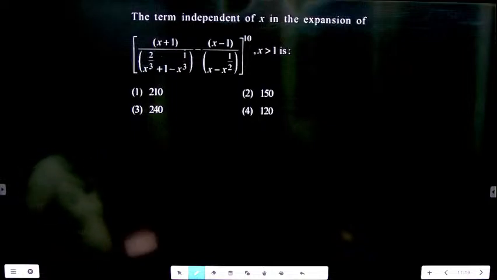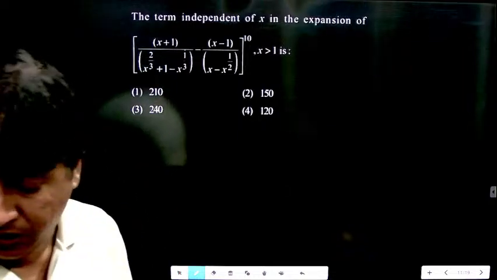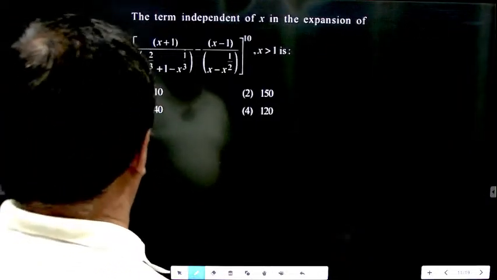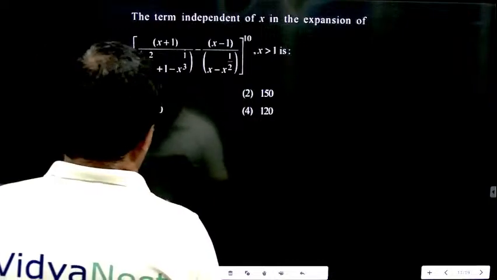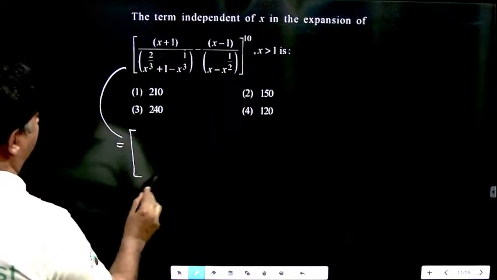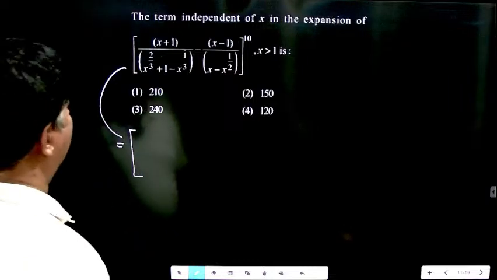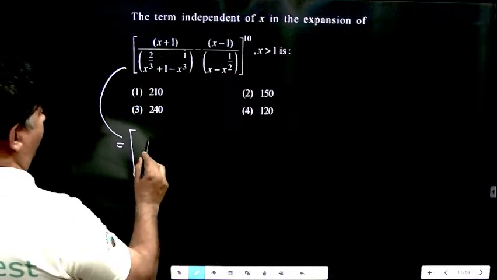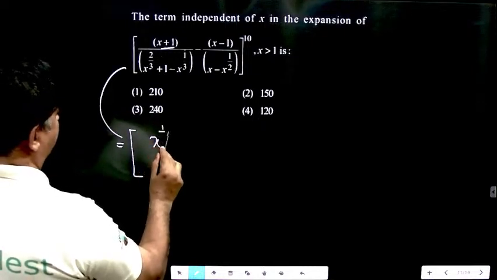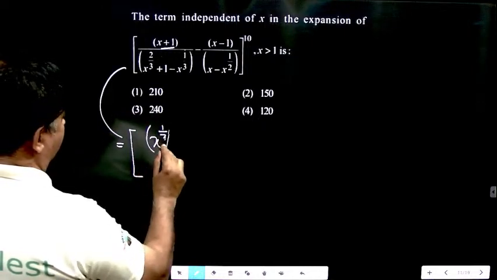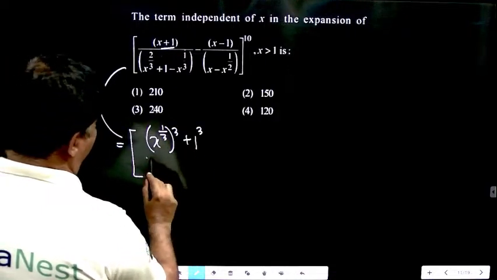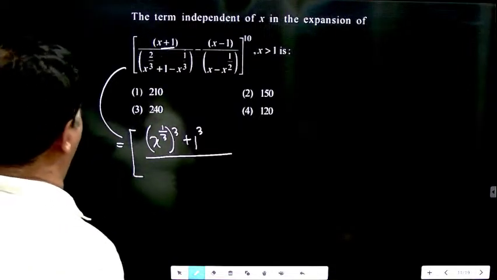Okay. This sum actually demands a little bit of simplification of this algebraic part. First of all, you see, in the numerator, instead of x plus 1, you can write this thing. Denominator will remain unchanged.